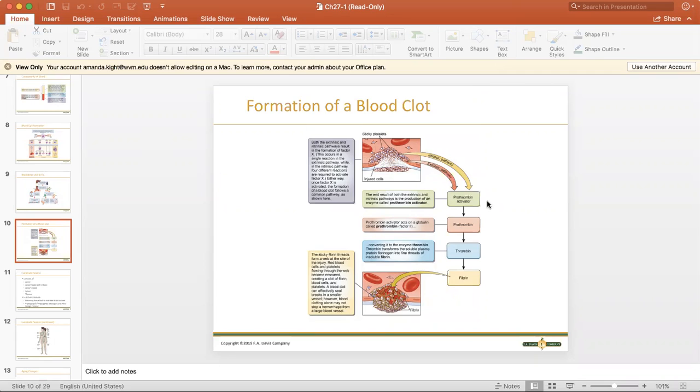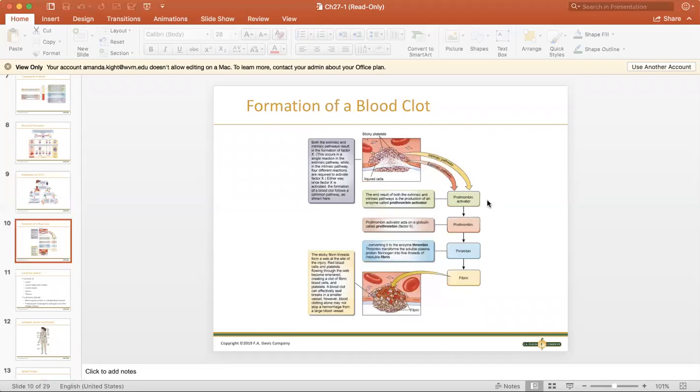Because we want homeostasis. So we have a prothrombin activator that's going to basically activate the cascade. And then prothrombin is going to be activated. We could get into all the factors, but it's factor 2 and it's called prothrombin.